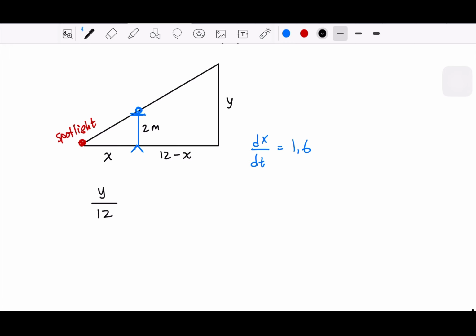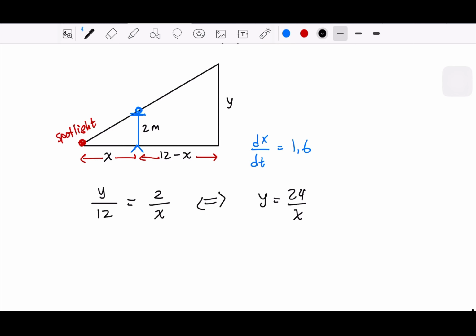Let me describe this: x is from here, and this 12 minus x is from here, so the total is 12. This is equal to 2 over x. So we are going to have y equals 24 over x.